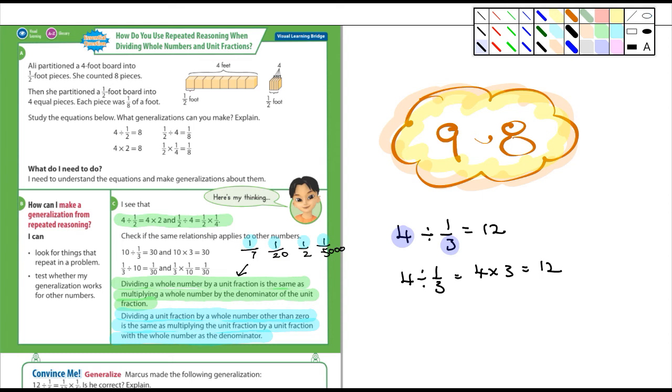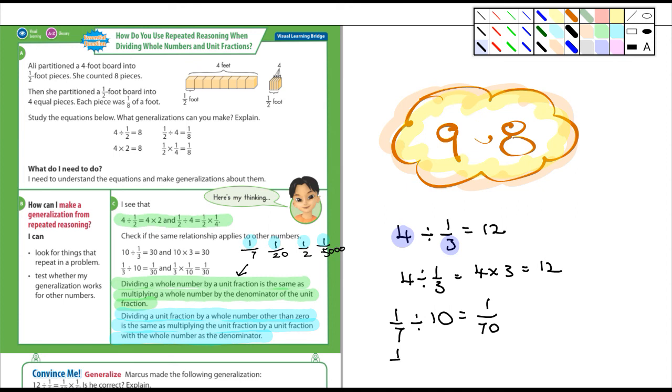What if I had a unit fraction, let's say 1/7, divided by, I'll say 10, and so that's going to be equal to 1/70.